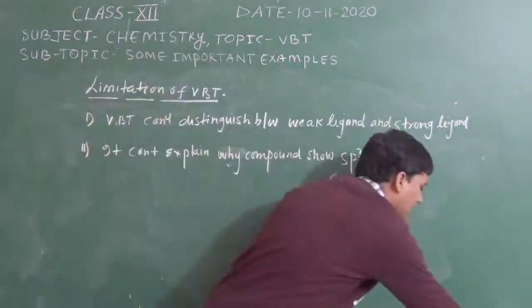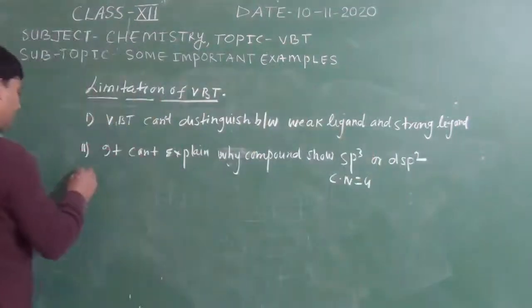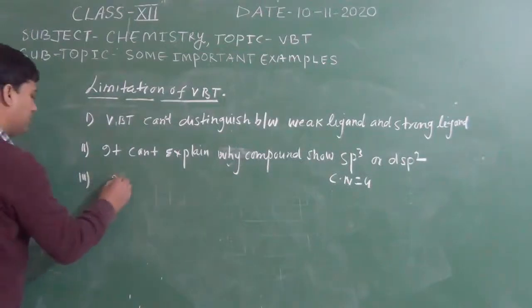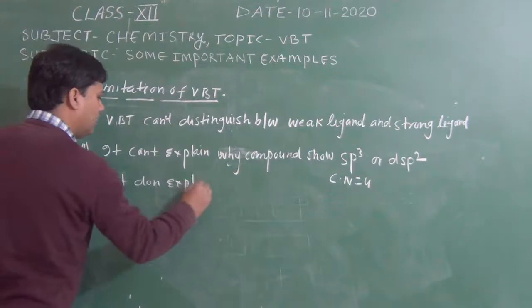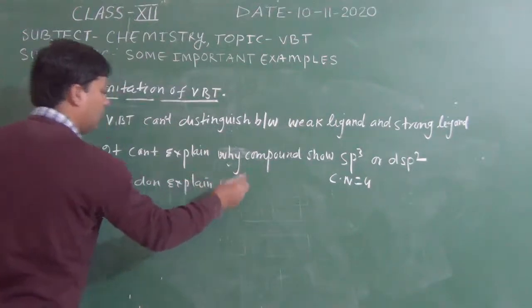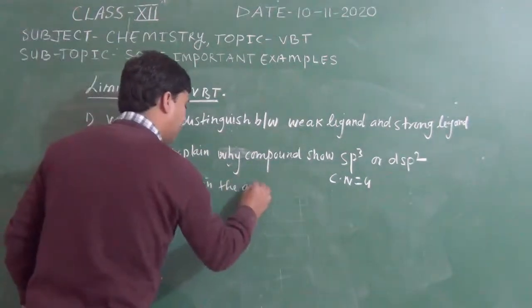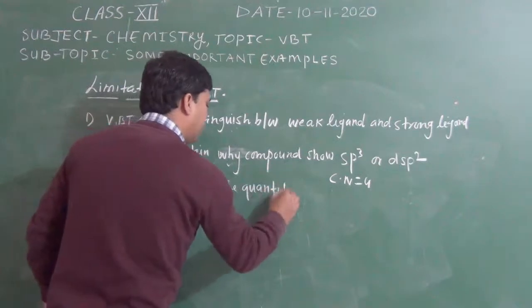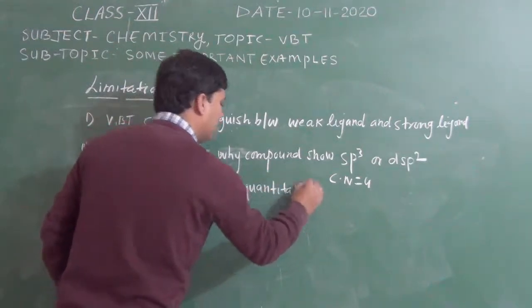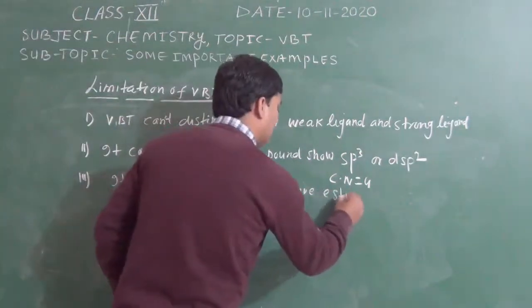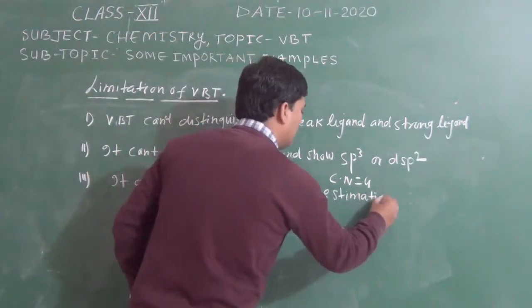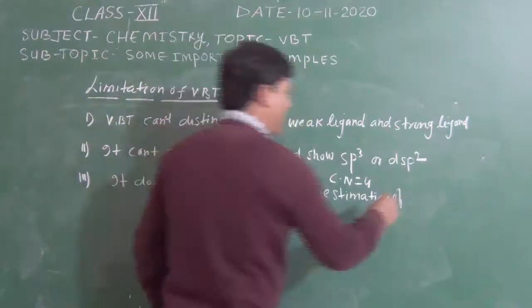Okay, and the third limitation is that it does not explain the quantitative estimation of magnetic property.